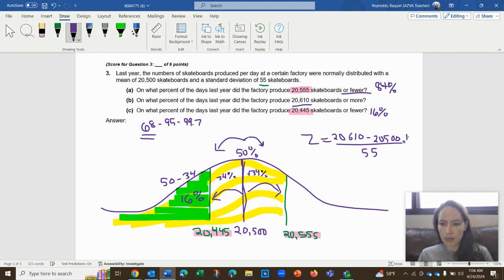That is going to be 110 divided by 55. You can use a calculator, which tells me that I have a z-score of 2. What? A nice, neat number. Yep, it sure is. So let's go ahead and draw that. That's 2 standard deviations, 1, 2 above the mean. And that's where 20,610 will be.